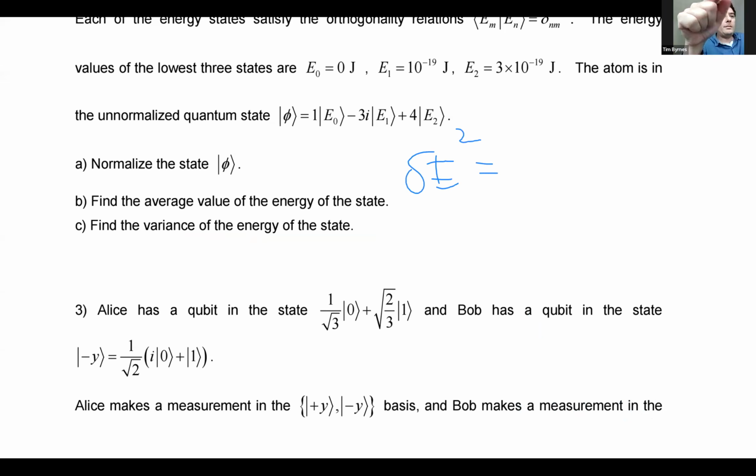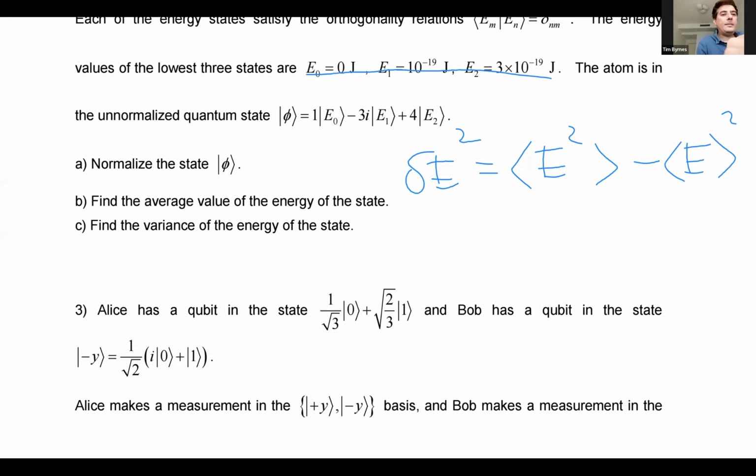I forget if that was my notation before, but basically it's the average of the square of the energy values minus the average energy, squared. In this case, we've already calculated the probabilities. Now, what is E squared? Of course, E squared is just the square of these values here, right?